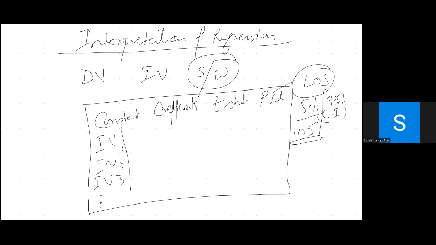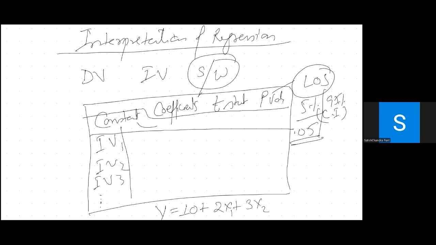Now the value of constant and variables. You will see this kind of table. The first value you will see is for the constant coefficient. This constant coefficient is nothing but, if I connect it with a hypothetical example, 10 plus 2x1 plus 3x2 plus 4x3 plus error, right?